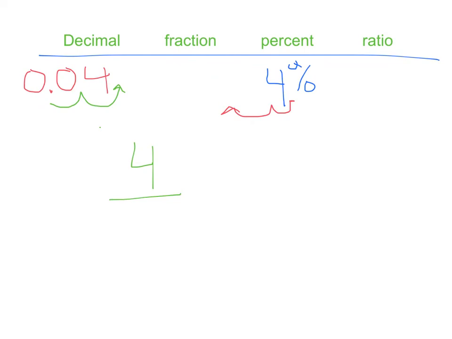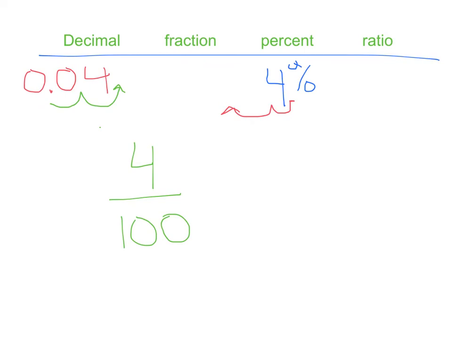And my denominator is based on those decimal movements. I moved it twice, so I'm going to have 2 zeros in my denominator, which makes complete sense because percents are always out of 100, and my original percent was 4%, which means I have 4 out of 100.